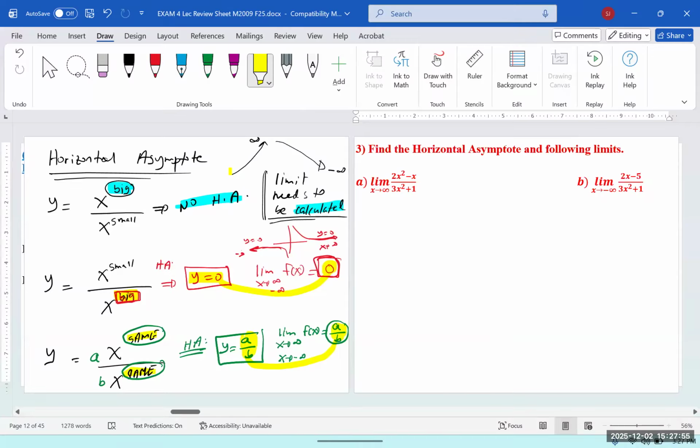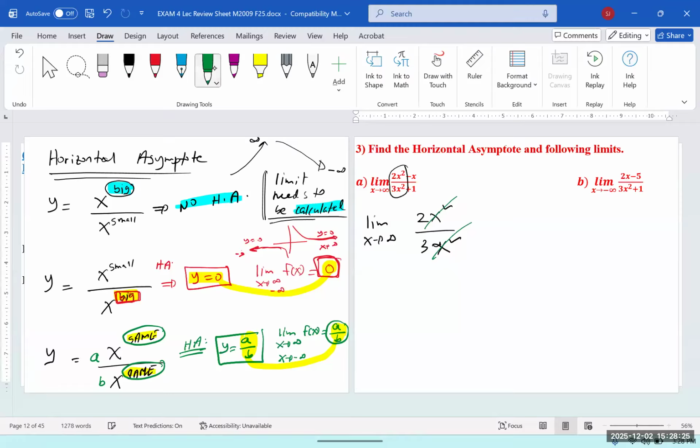Let's do some examples. It says find the horizontal asymptote and also the limit. To find the horizontal asymptote, all you have to do is look at the highest term in the numerator and the highest in the denominator. The limit as x goes to infinity: the highest terms are 2x squared and 3x squared.